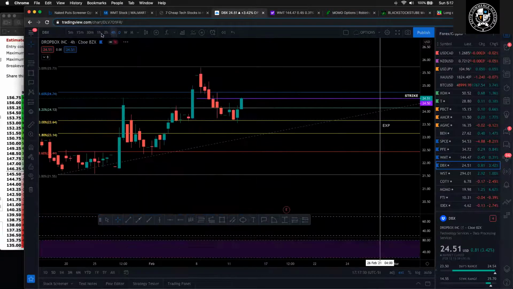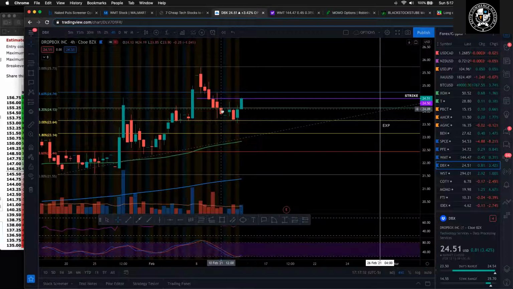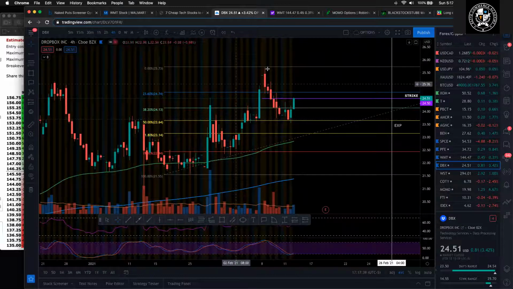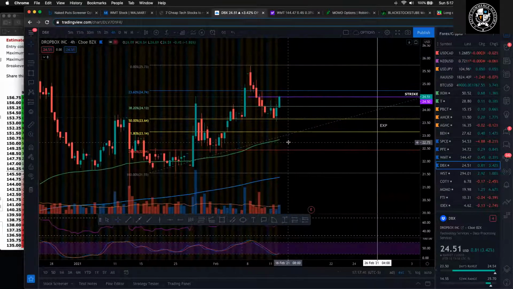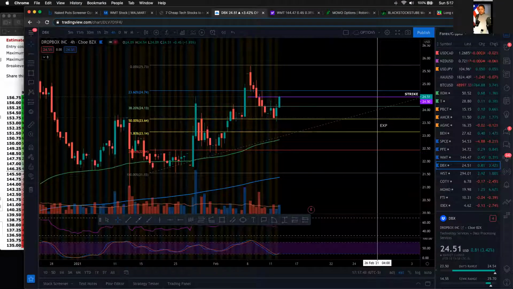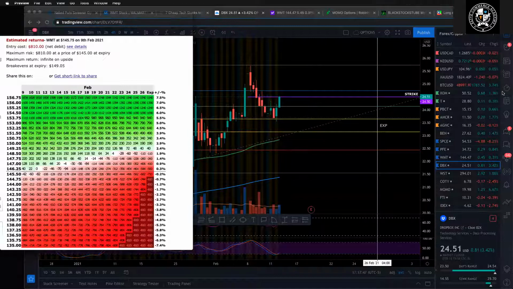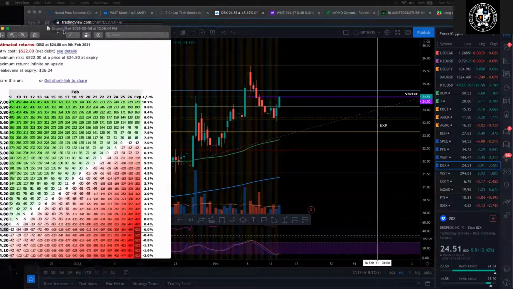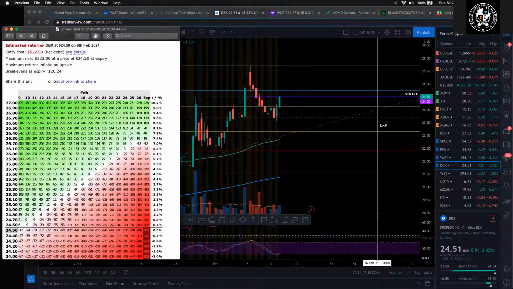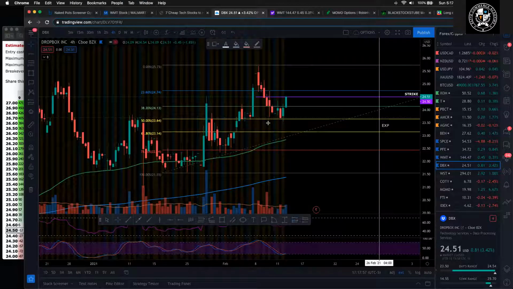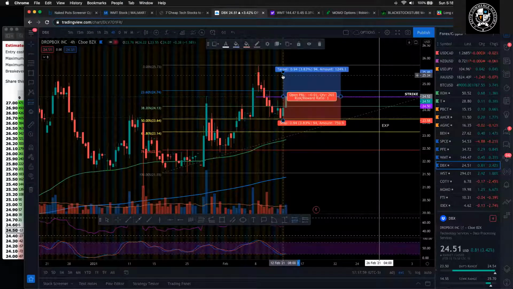We can scroll down to the 4 hour, and I told y'all, look at Dropbox. It looked like it hit its floor on the retracement. Y'all remember that? Yes, sir, I remember that. You can scroll up in the Telegram and it'll tell you. All right, here's my Dropbox. My entry on Dropbox is right here.